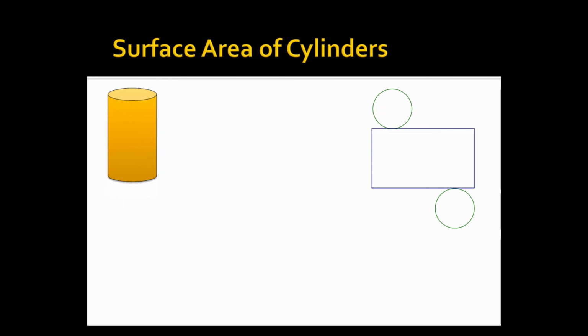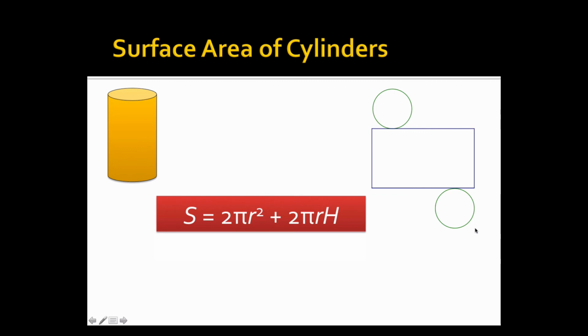It's supposed to be a circle. It's a little distorted there. We have a formula first. This is the same formula we just used, 2B plus Ph, except we changed it a little bit. B in this case is pi r squared. P in this case is not perimeter, it's circumference. So you actually get 2B plus Ch instead of 2B plus Ph.